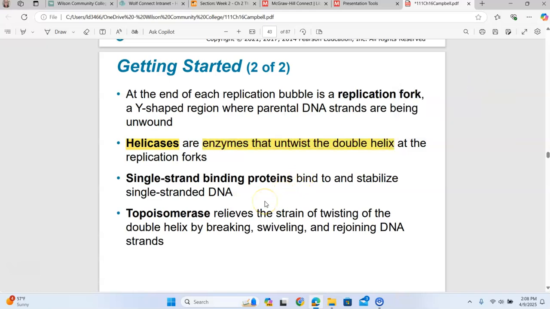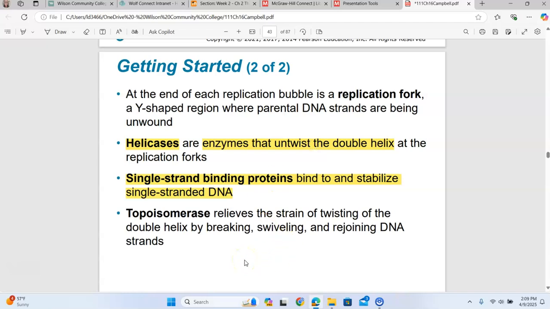All right. And then to keep it from reconnecting, to keep those strands separated and not connecting back together, there are these proteins called single-stranded binding proteins. And they bind to and stabilize the DNA so that it will remain open.